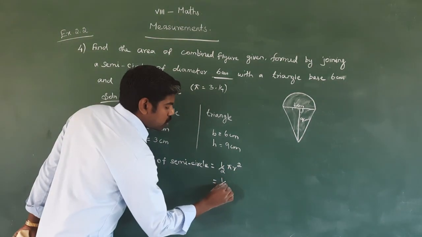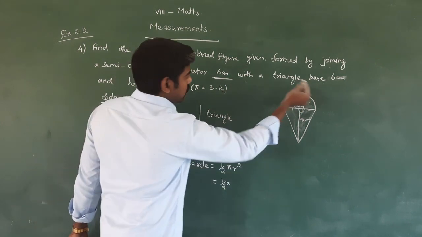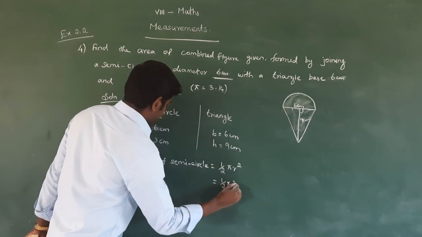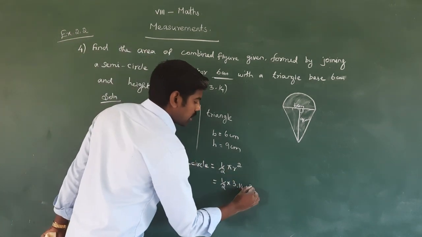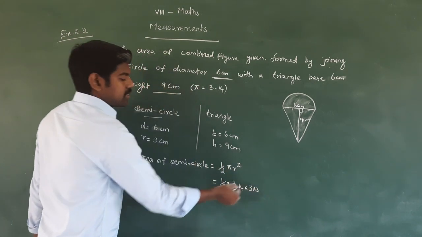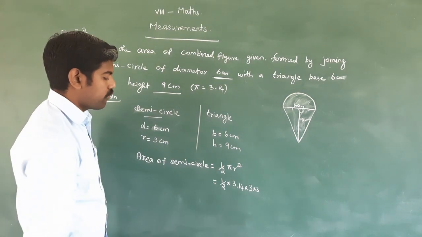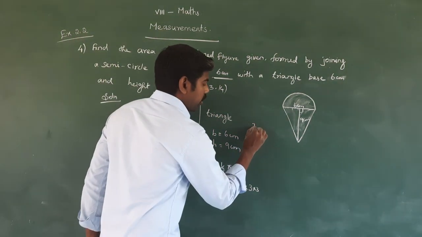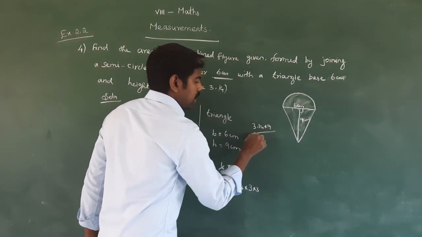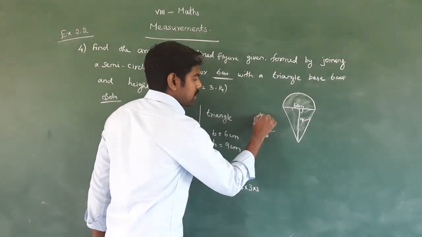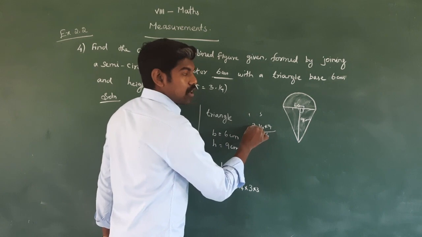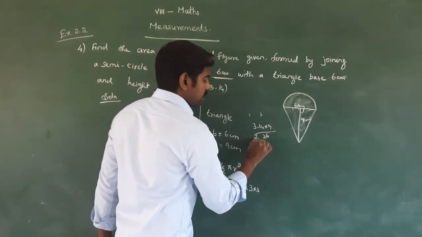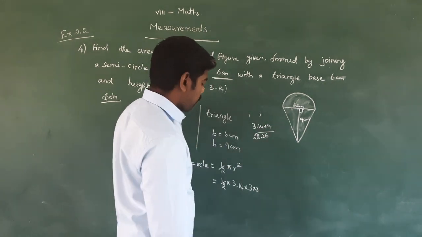Now 1 by 2 multiplied by pi, whose value is given as 3.14, multiplied by r square, where r is equal to 3. So 3 times 3 is 9. 9 multiplied by 3.14: 9 times 4 is 36, remaining 3; 9 plus 3 is 12, remaining 1; 9 times 3 is 27, plus 1 is 28. So 28.26.